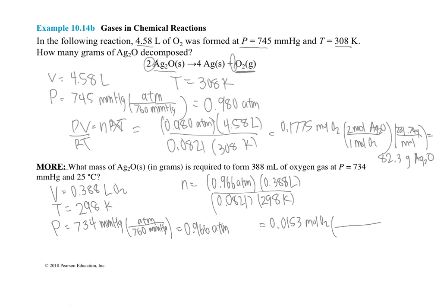Again, go into silver oxide, using 1 mole of oxygen for 2 moles of silver oxide, and molar mass 231. So similar steps, but new conditions, and that would be I would need 7.10 grams of silver oxide.